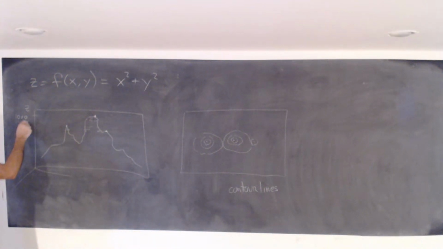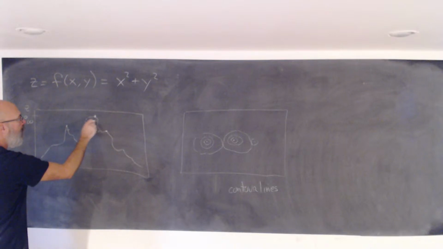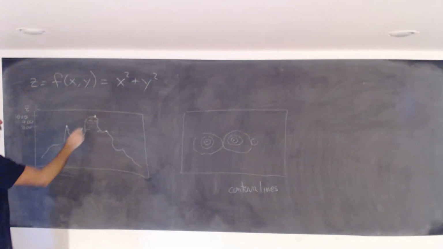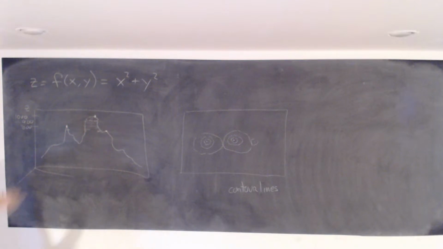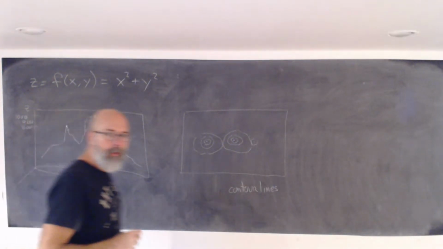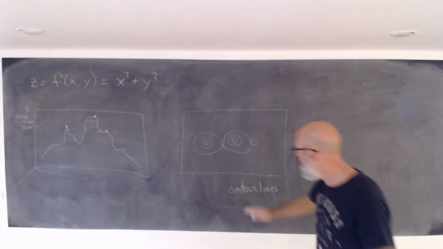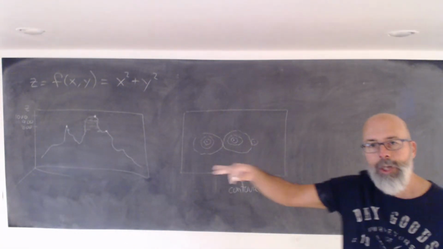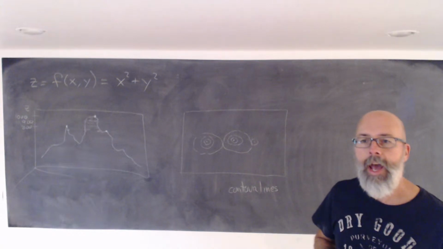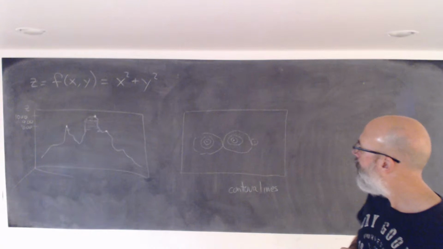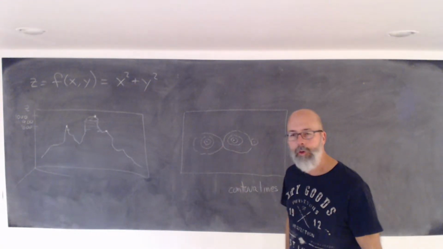At z equals 900 feet, you have this curve that goes around that peak. And at 800 feet, you touch this peak, and you still have that, and so on and so on. So that's the idea of contour lines. It's the intersection at height z of your curve.